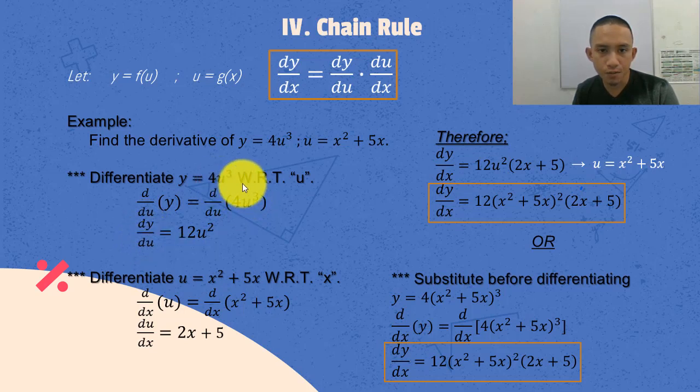Then if I differentiate the right side with respect to u, that is the power rule: 3 goes down and multiplies with 4, that will be 12. Copy u, subtract 1 from the exponent, so that will be u squared. Differentiating u with respect to u, that will be du over du, which is equal to 1, so I do not need to write that. Therefore, dy du is 12u squared.